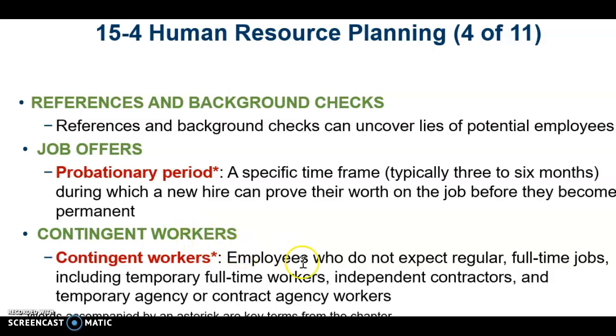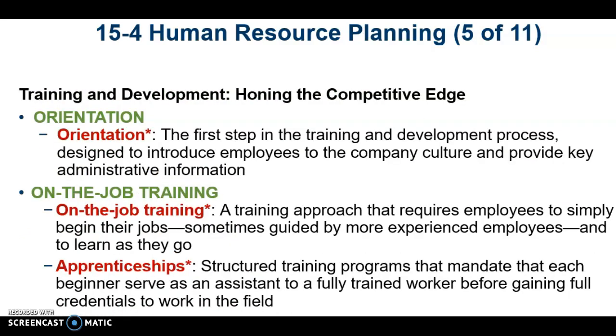Contingent workers are employees who do not expect regular full-time jobs, including temporary full-time workers, independent contractors, and temporary agency or contract agency workers. The main objective of an orientation program is to introduce new employees to the company culture.